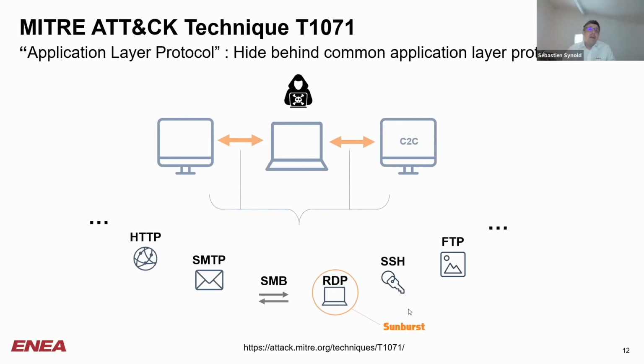Also, commonly internal-use protocols like SMB, SSH, or RDP may also be used when allowed outside the organization, which is more and more common because employees have to work more and more from home or any other place. So in the case of Sunburst, it was RDP, the remote desktop protocol, that was mainly used to contact the command and control server.